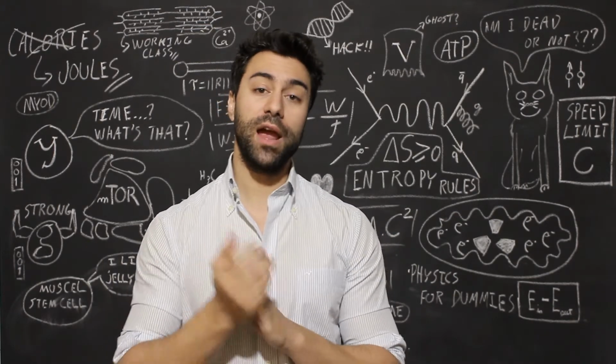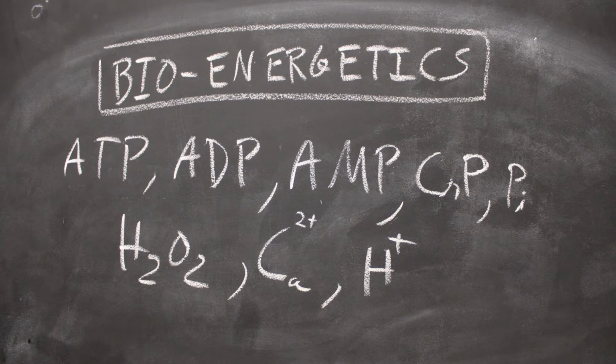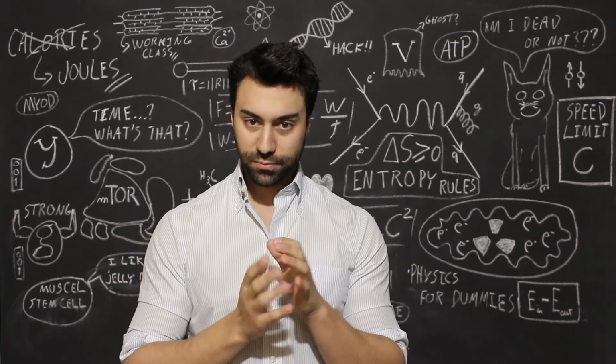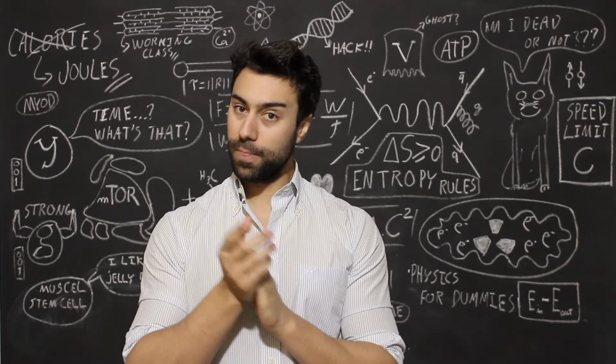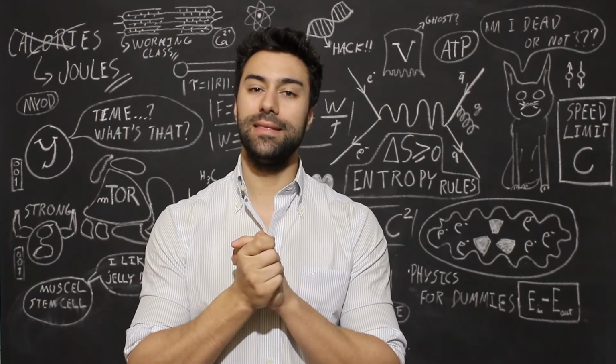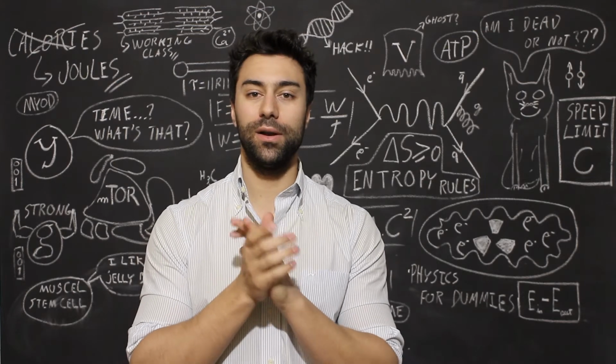Other than that, we have calcium ions and hydrogen ions and inorganic phosphate and ATP, and that sums up the bioenergetic landscape. But last, but not least, we have biophysics, and that is really what it's all about.